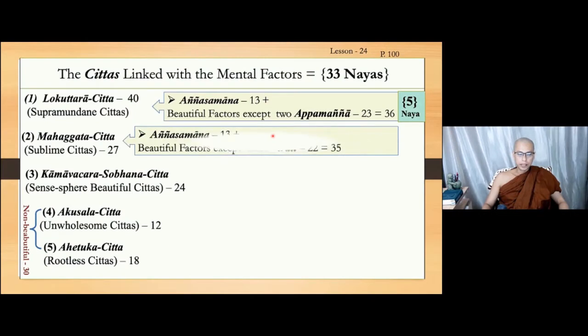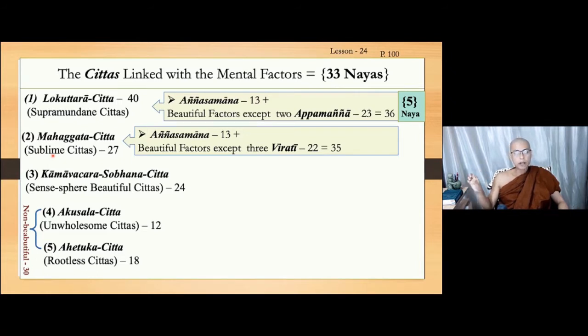Then for the Mahaggata, the sublime consciousness, Annasamana and Sobhana are possible, except Virati, because the Virati take the object of transgression as their object. And among the Mahaggata Citta, they have specific objects when they arise.